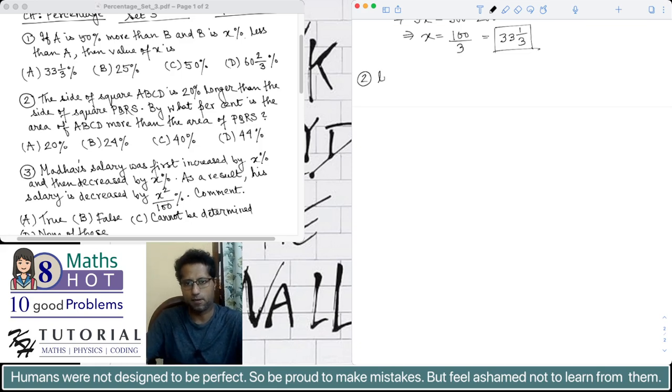So let's say the side length of square PQRS be x.